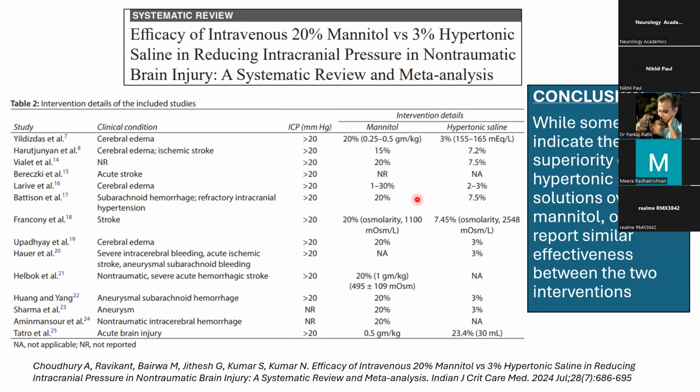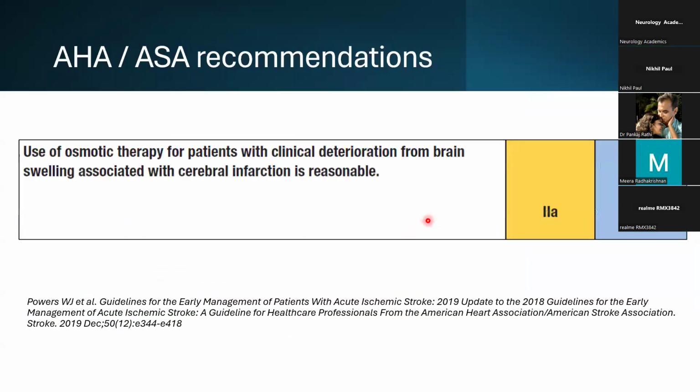The conclusion of this systematic review was that even though some show the superiority of hypertonic saline, both of them have similar effects also. But as I said, it is more physiological to give 3% saline. So it has a slight edge over mannitol.